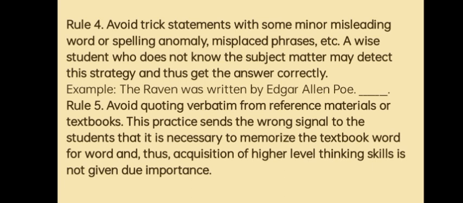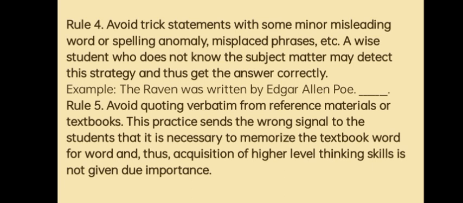For example, The Raven was written by Edgar Allan Poe. If this story was discussed and the students are familiar with the content of the story, of course they will automatically know whether your question is true or false. If you use trick statements, wrong spellings, or misplaced phrases, the students will know that the sentence is false because the spelling of Allan or Poe is wrong.